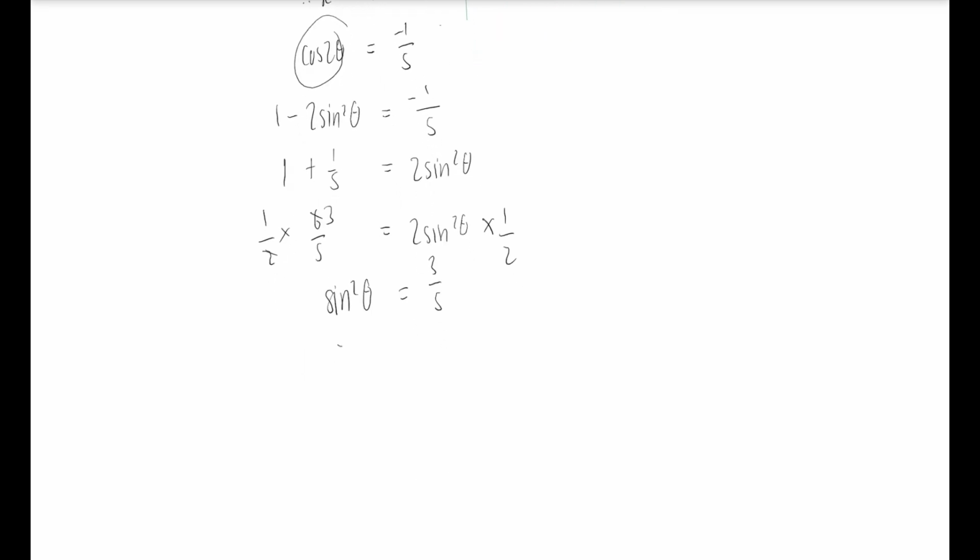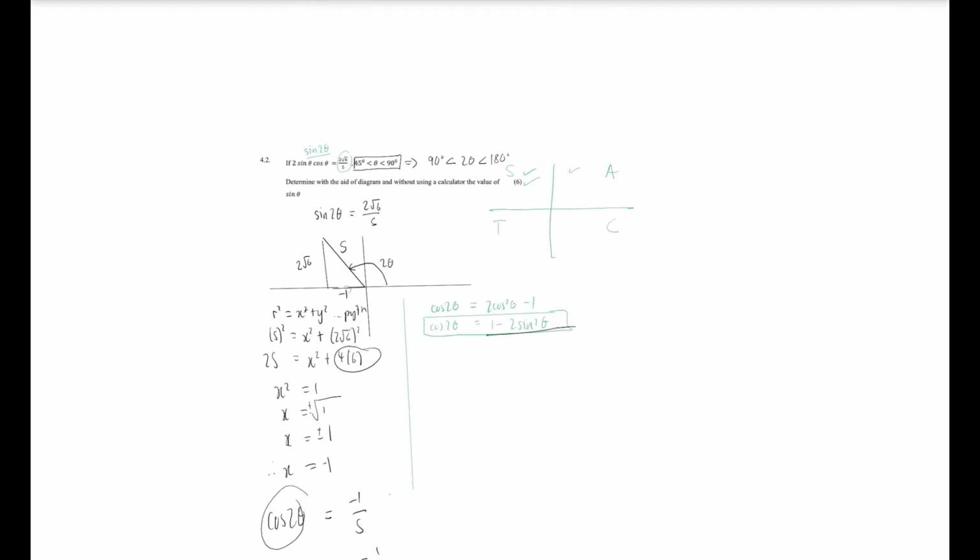Which tells us that our sine theta is going to be equal to plus or minus the square root of 3/5. But what we know is that theta is between 45 degrees and 90 degrees. If you visualize this on a diagram, you have 45 degrees here and your 90 degrees here, so theta lies somewhere along this part.